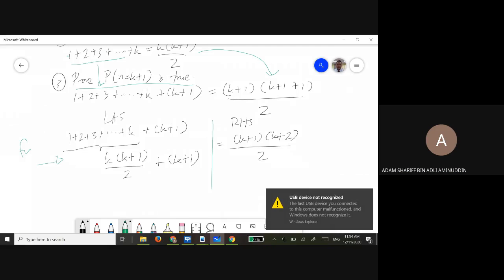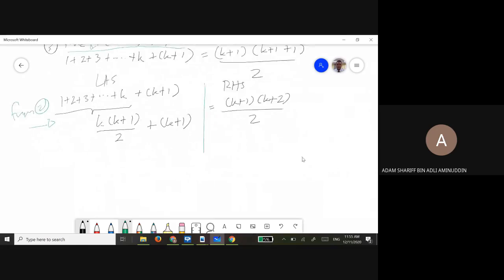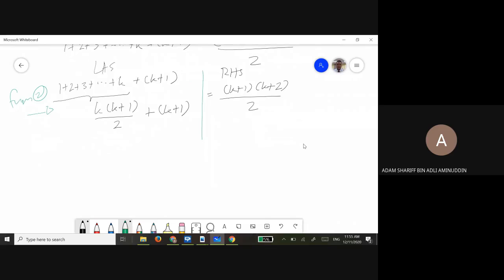Alright, I proceed. This one will be equal to k plus 1 plus 2k plus 1 over 2. Compare left hand side and right hand side sekarang, tak sama lagi.